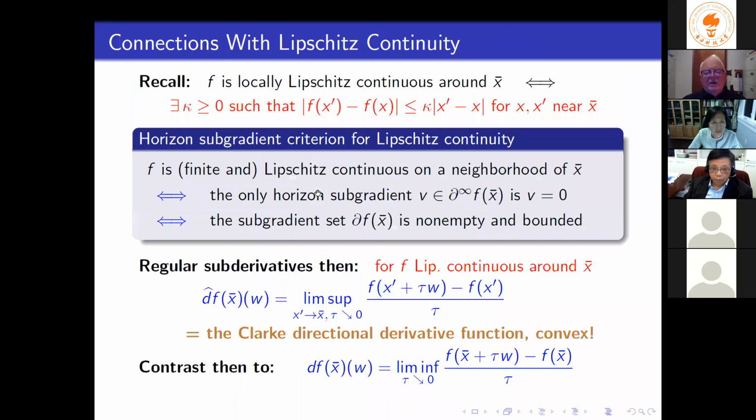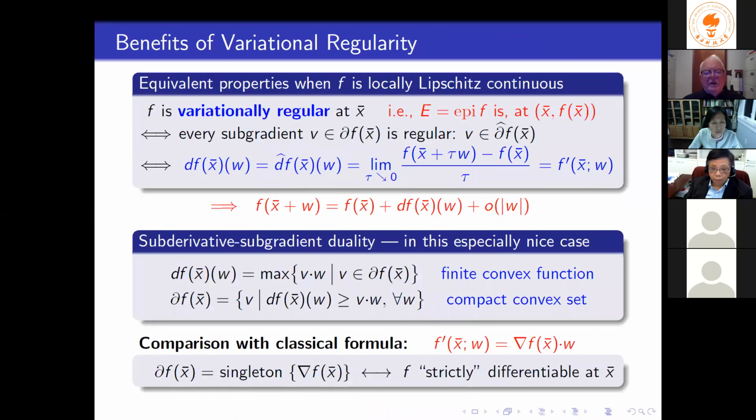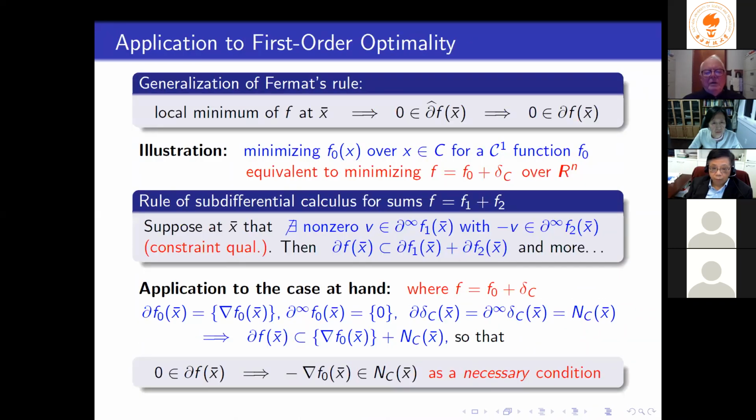And that's why, although I didn't write it here, I wanted to emphasize that this same condition implies that the horizon subgradient set is included in the sum of the horizon subgradient sets. In other words, we get an estimate, and then there's an equation if we have regularity.